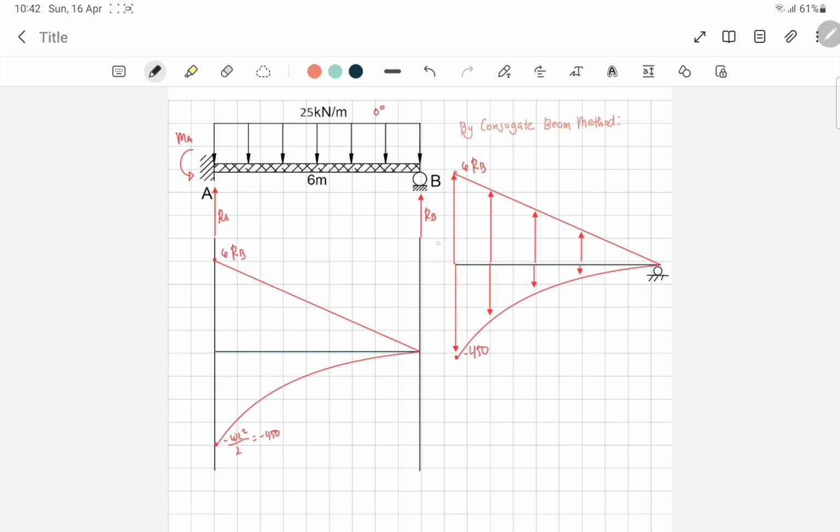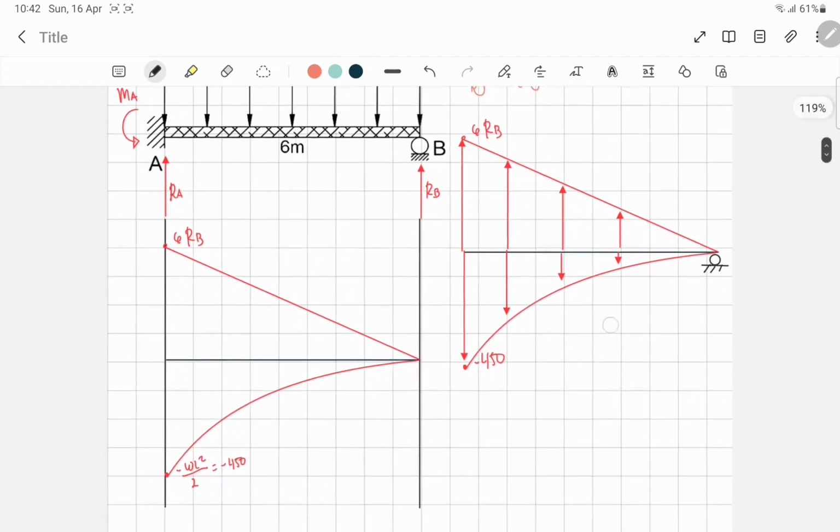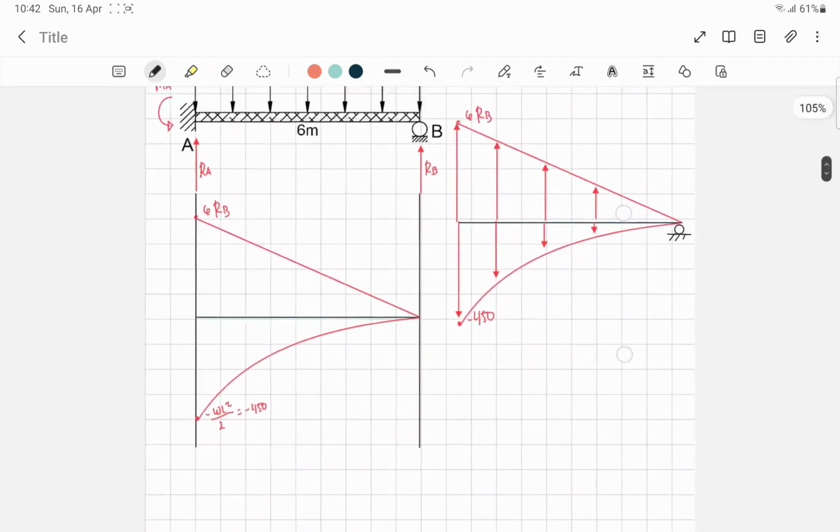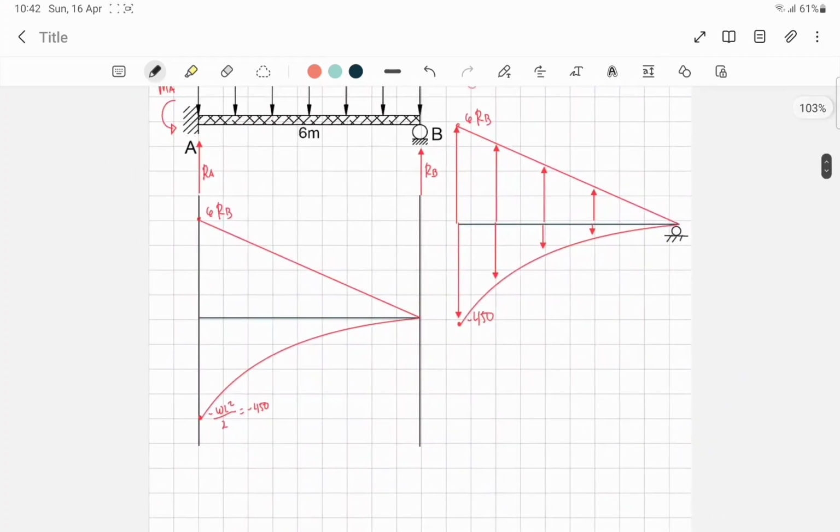So you can see that from statically indeterminate, it became unstable. Since there is only one support left, we have no choice but to take summation of moments at point B equal to 0. Clockwise is equal to counterclockwise.